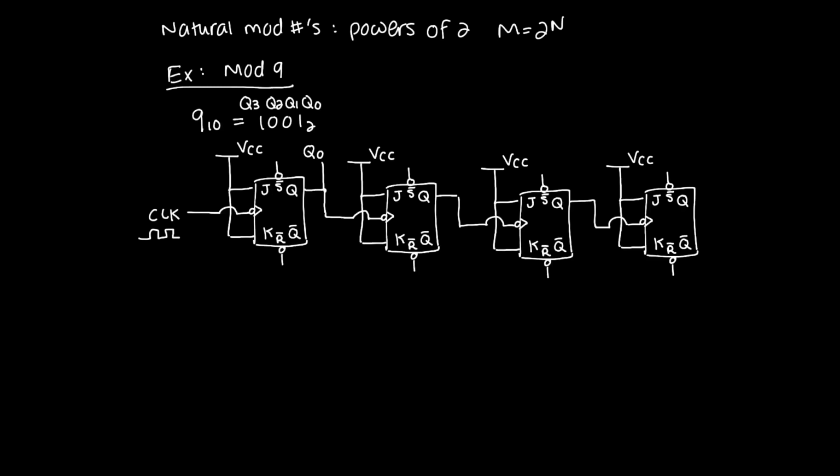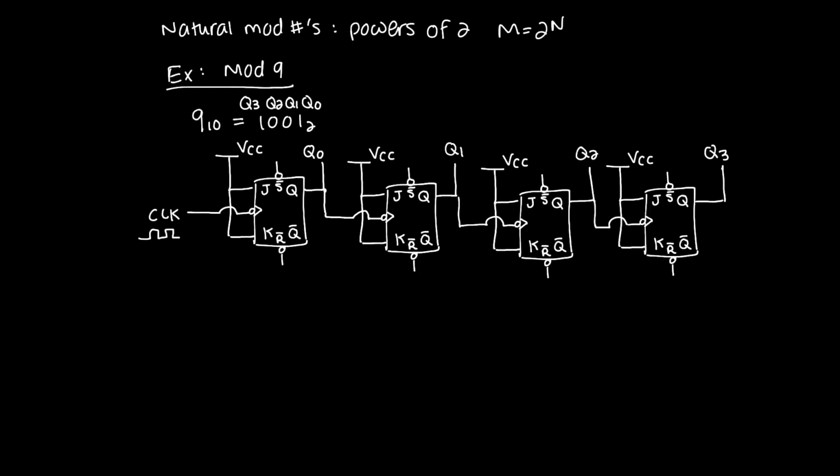So the frequency of Q1 over here is going to be half the frequency of Q0, the frequency of Q2 over here is going to be half the frequency of Q1, and the frequency of Q3 over here is going to be, again, half the frequency of Q2. So at every stage, I'm halving the frequency.